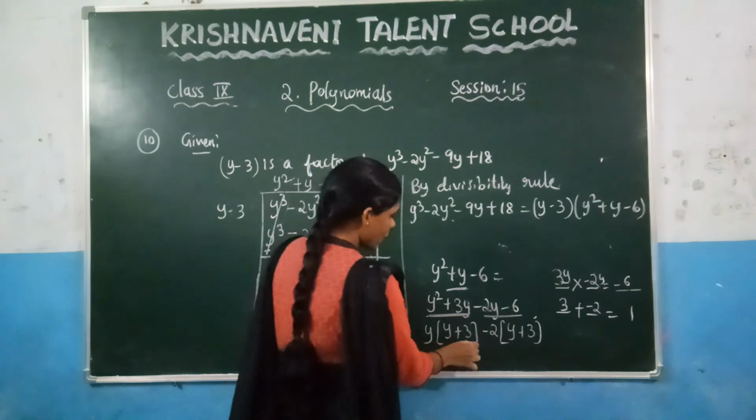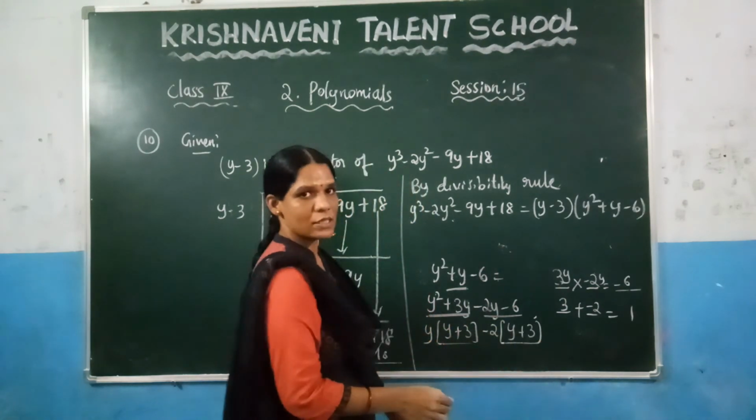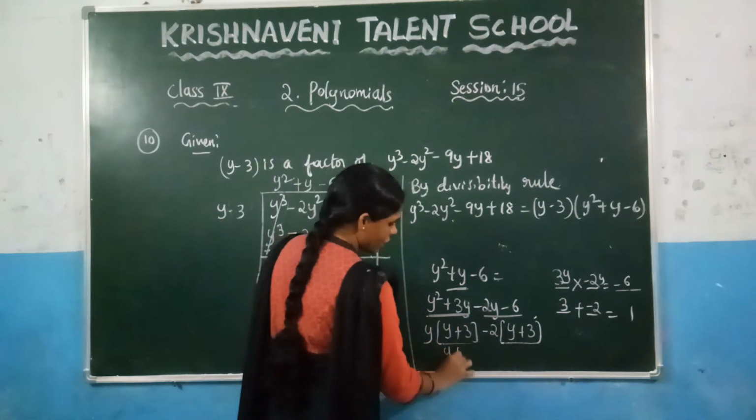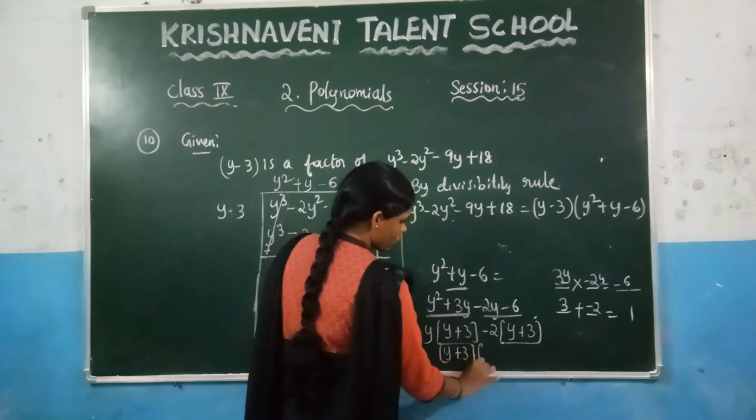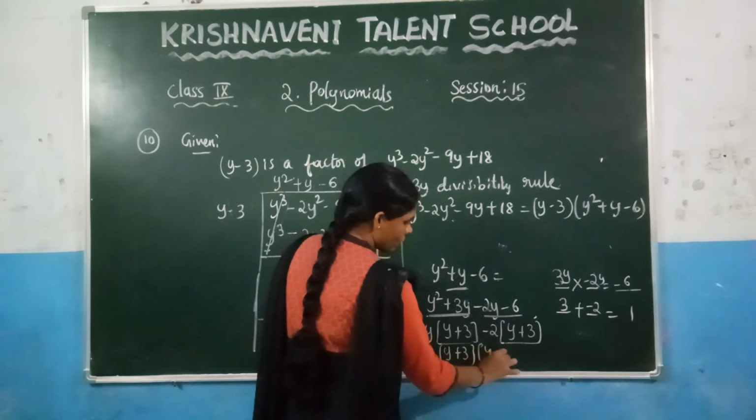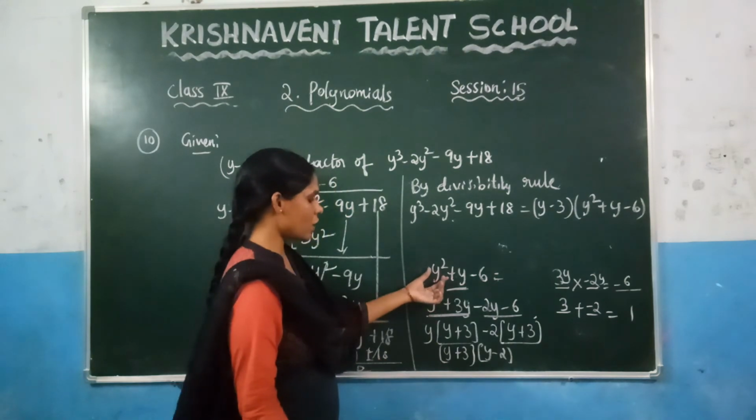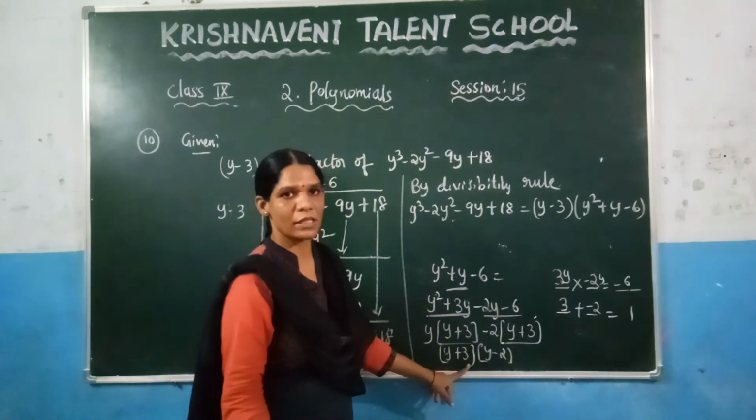So here y plus 3 is there, here also y plus 3 is there. You can take that value as common, you will get y plus 3, and what is left out here is y, and here minus 2. So we have written this quadratic polynomial as a product of two linear polynomials.